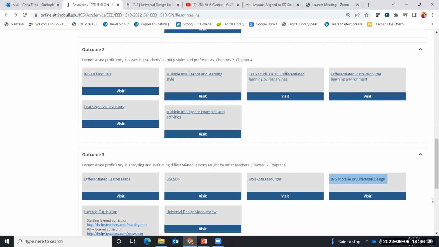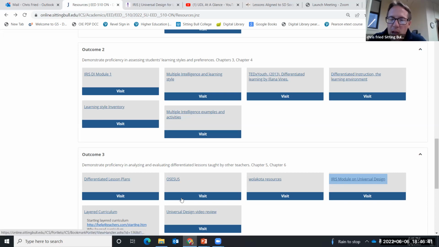So what are you asking? Can you show me that you can understand it, even though these are not necessarily specific differentiated lesson plans, but if you look at ideas and concepts? For example, once I have the right link here to the OSEUS components, they have outlines of information.